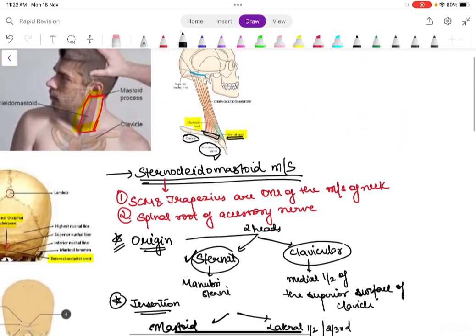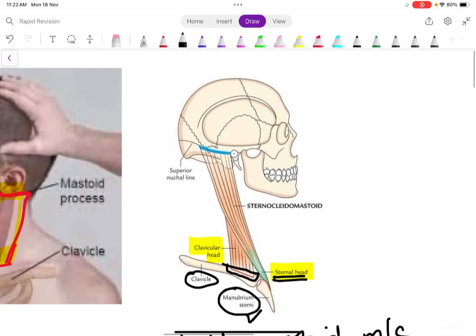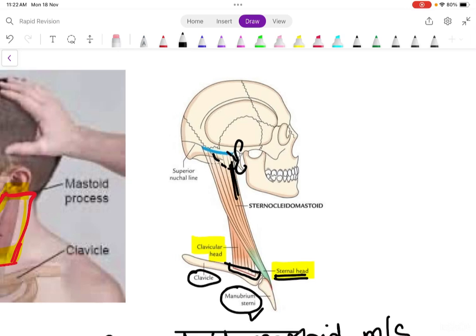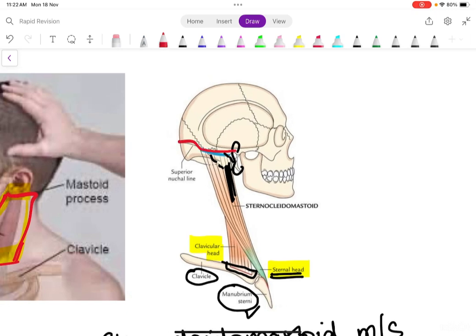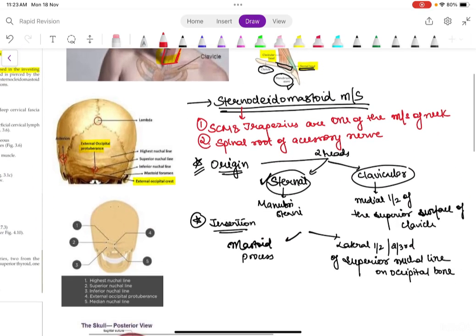Now what do you mean by this? Now mastoid process is behind ear. All right, so suppose this is something like your ear over here, and this is the mastoid process. So what you see is that it is being attached to the mastoid process, and then this is the occipital line and it is attached over here. So two insertions. All right, so this is the insertion.